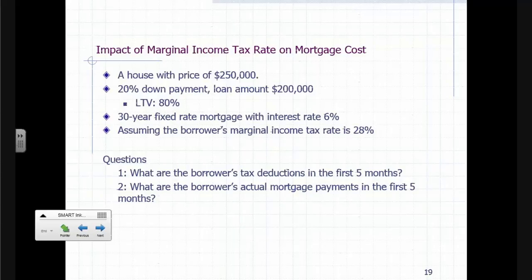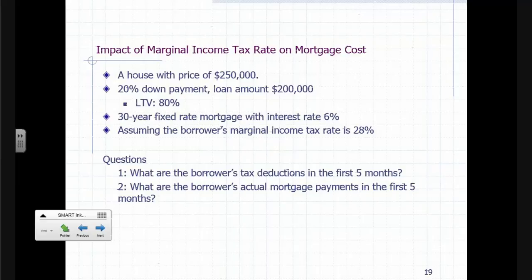Afterwards, you set second amortization P1 equal to 1, P2 equal to 1, then find the interest. Multiply by 28%. That's your tax saving.